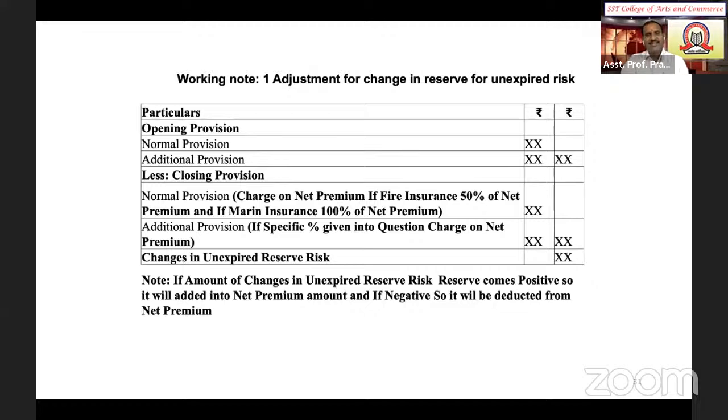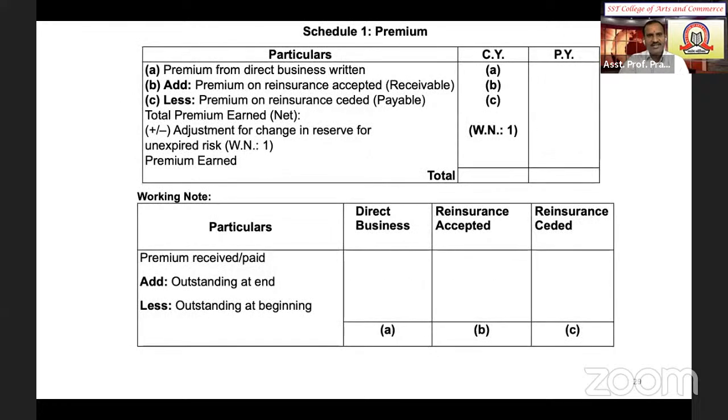In that case, my dear student, if your amount comes negative, you will add. And if your amount becomes positive, you will deduct. When your starting point is closing provision. And if your starting point is opening provision, then if your amount is positive, you will add, and if it is negative, you will deduct from net premium, which is shown under schedule number 1.